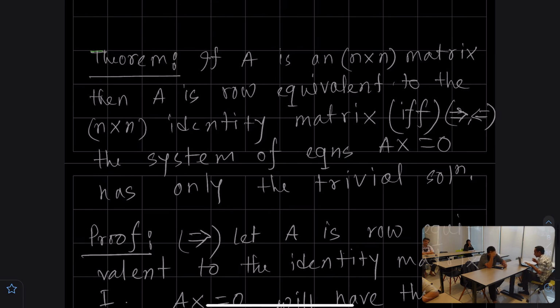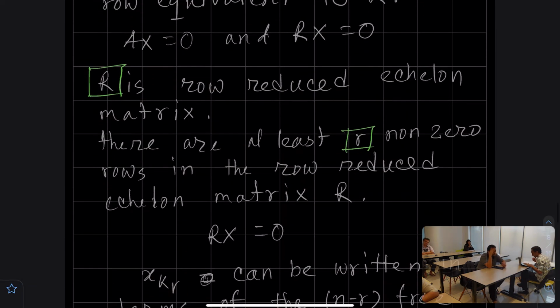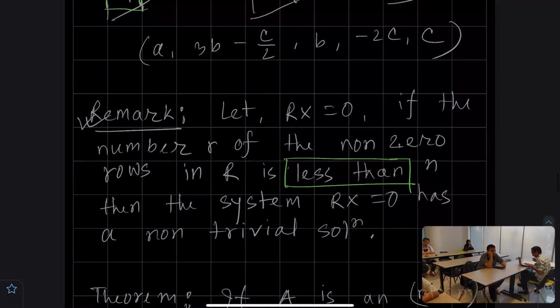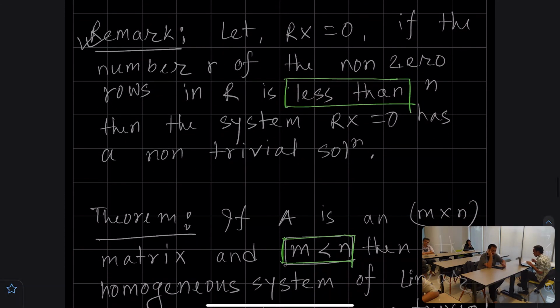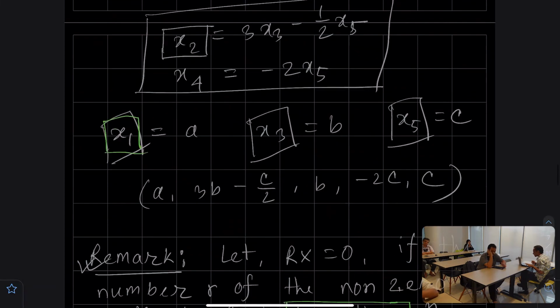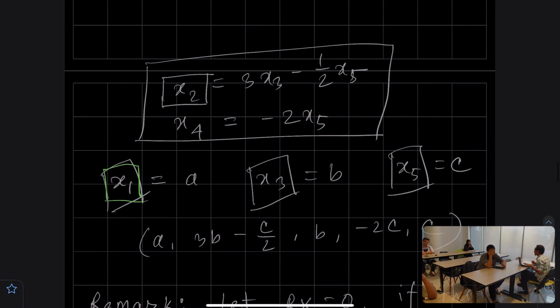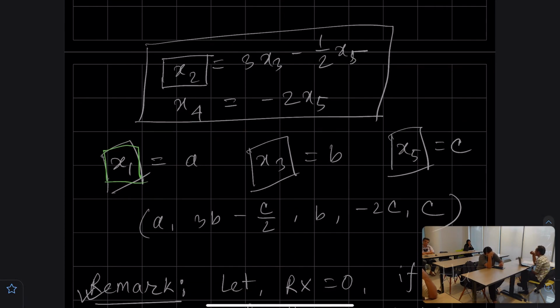So let me go to this remark again. From the previous theorem, we know that we can write the leading variables of a system in terms of the free variables.